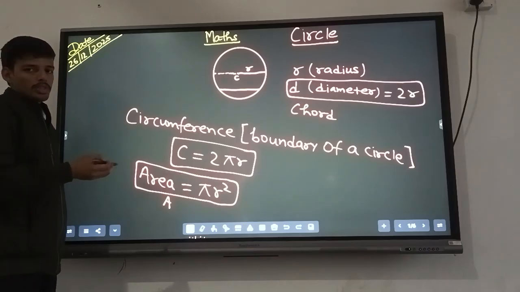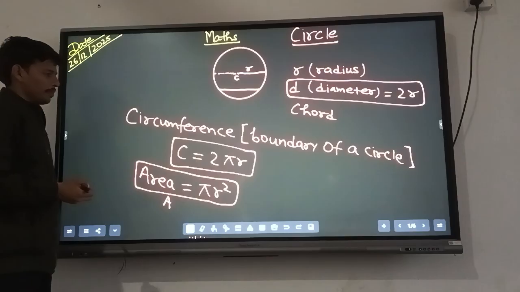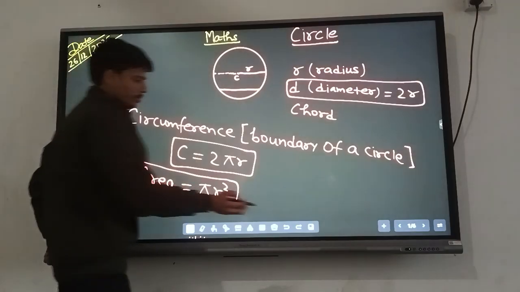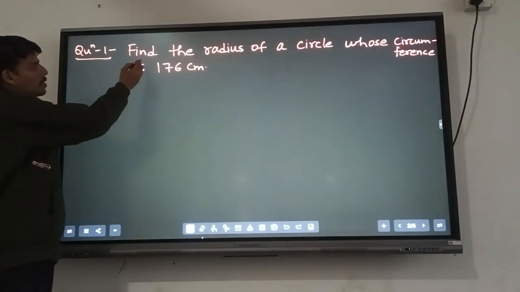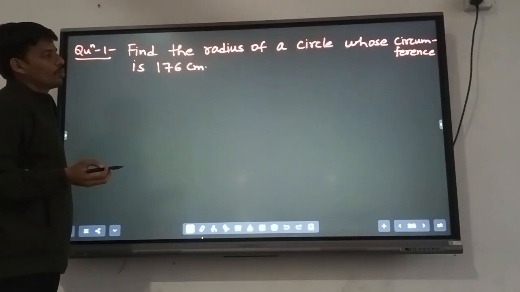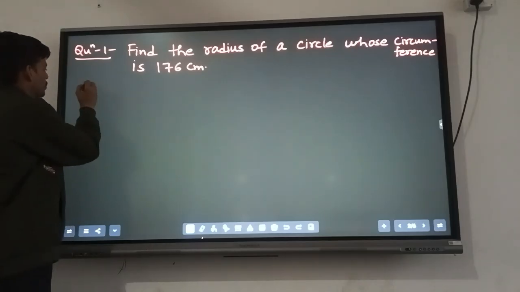Now we solve some questions that are related with the circle. Our first question: find the radius of a circle whose circumference is 176 centimeter.